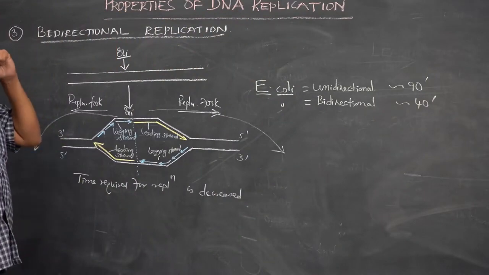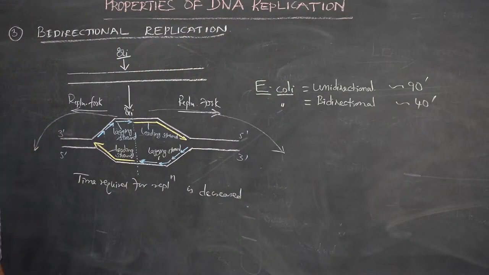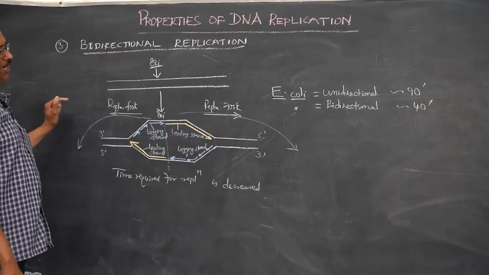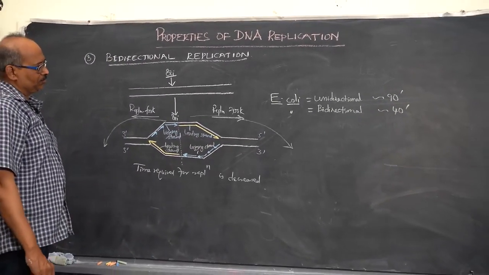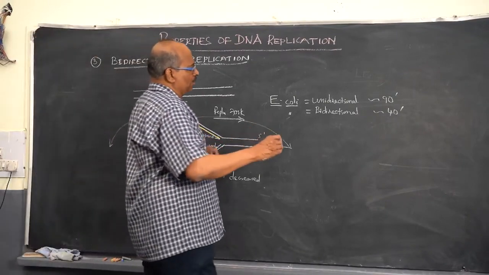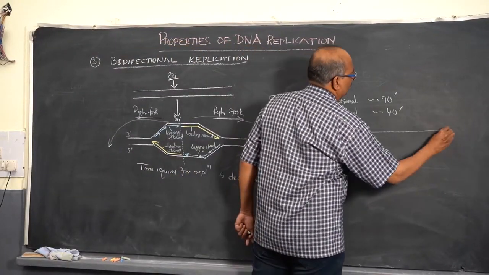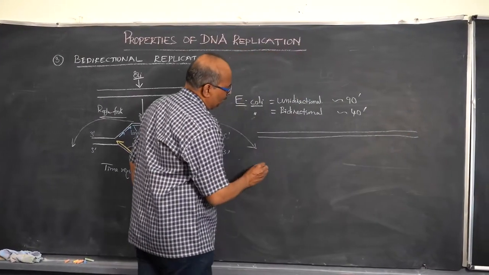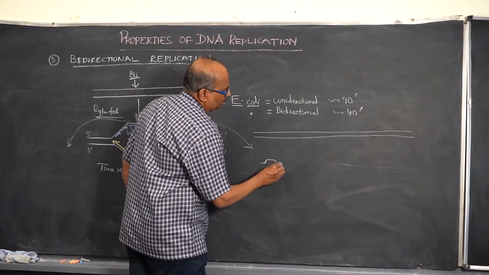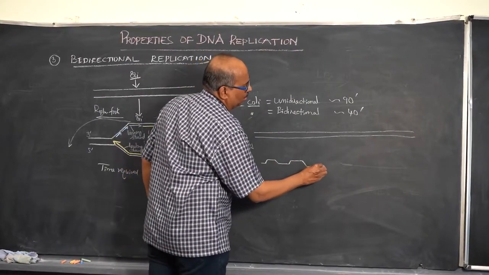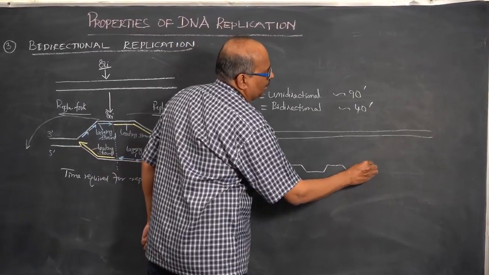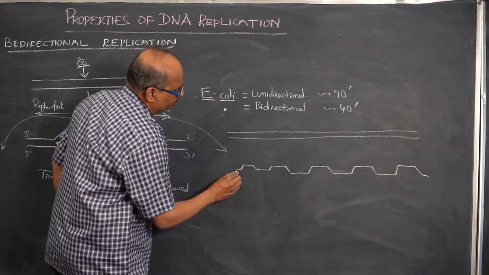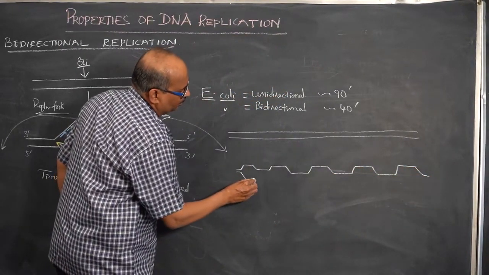So almost a 50% reduction in time takes place because of the bidirectional replication. So in the case of long linear chromosomes, you see several regions where replication originates, forming replication bubbles in both directions.